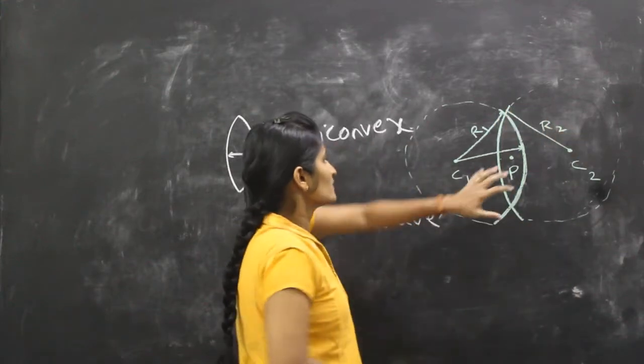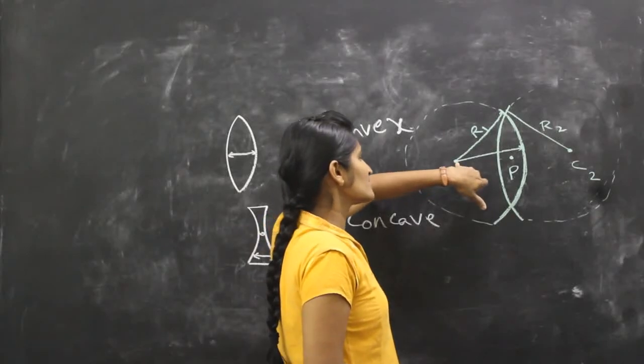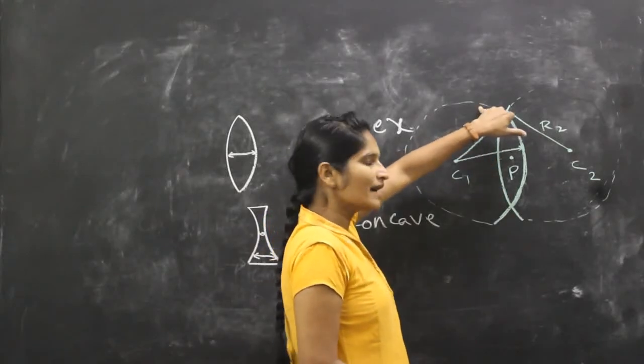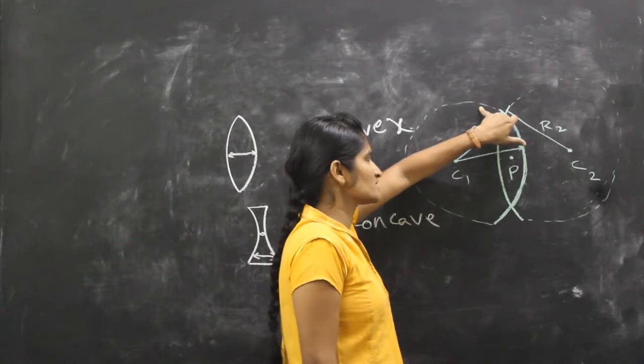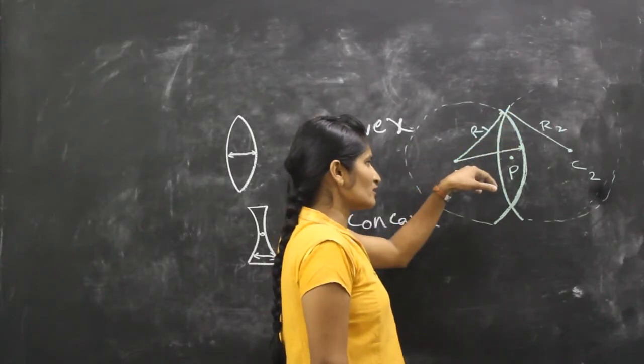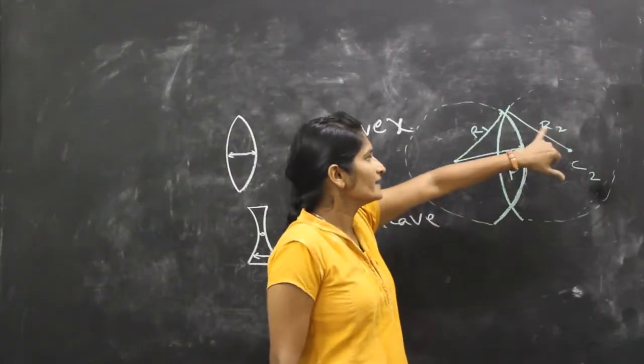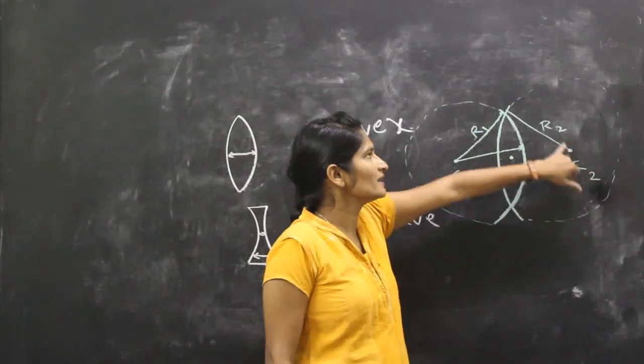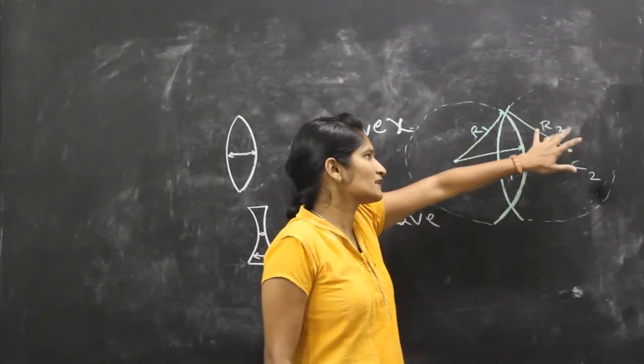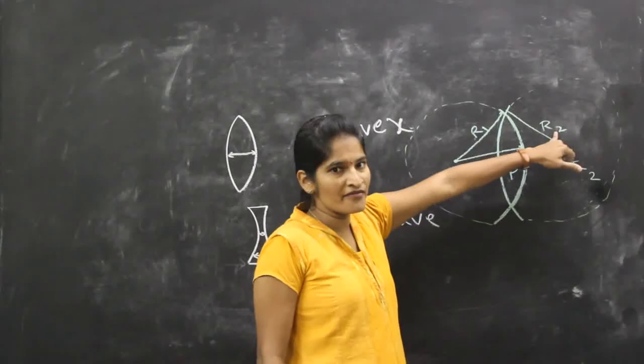The distance from the center of the sphere to the curved surface is called the radius of curvature.